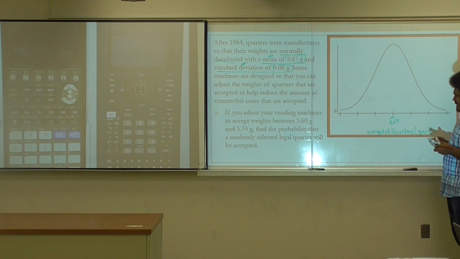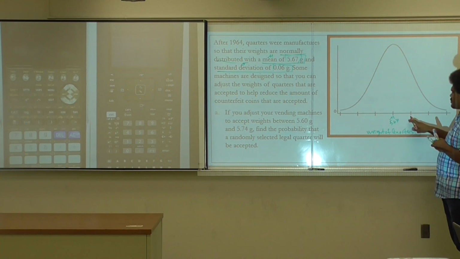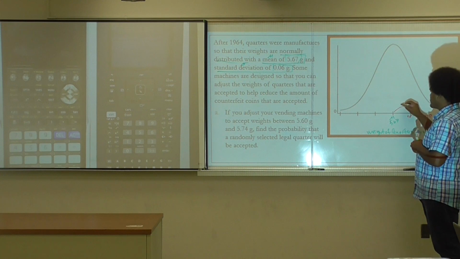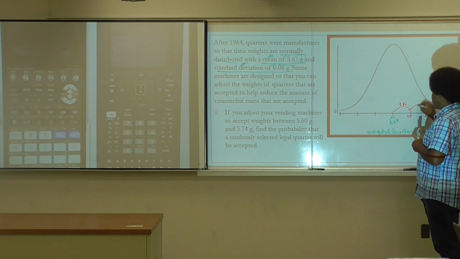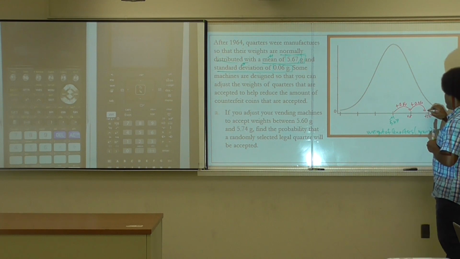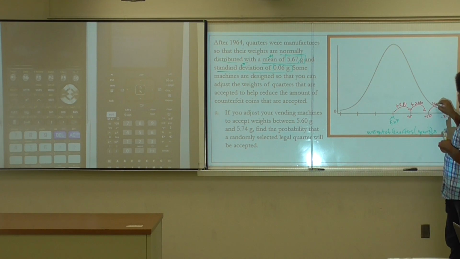So once again, how do we build this? If we want to get the next one over, I know I'm going one standard deviation. So I know I'm increasing by one standard deviation, over here will be a 2 standard deviation increase, and over here a 3 standard deviation increase. You can do this by adding, because it's a jump of a standard deviation: 0.06 plus another 0.06 plus another 0.06.